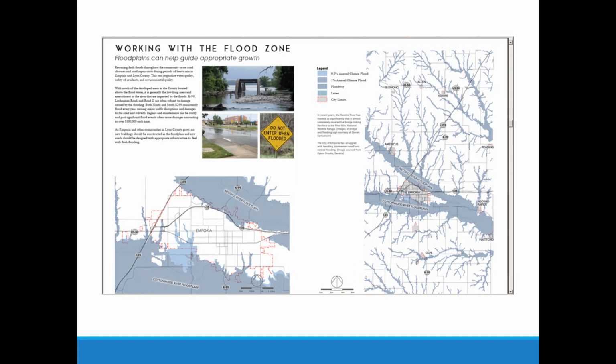So work with all your departments to plan out this growth and have a comprehensive plan for it, because we don't want to make flooding problems worse, and we're looking at more extreme weather, and flooding possibly going to get worse on its own anyway, so we don't need to contribute to that. So work with the flood zones and floodplains to help guide that growth.